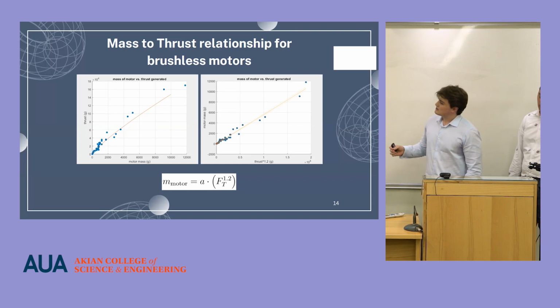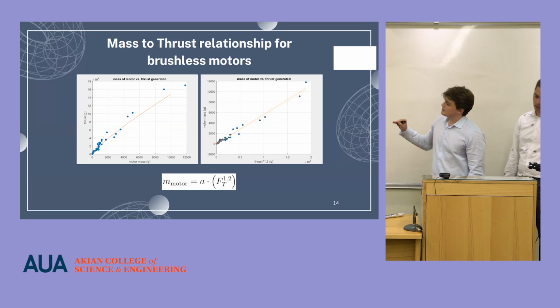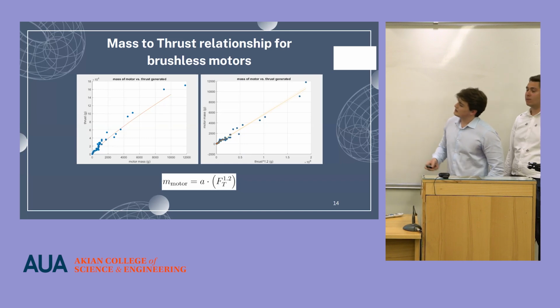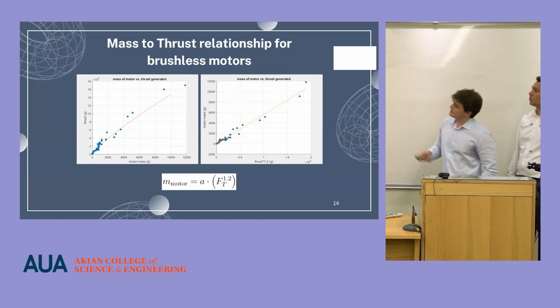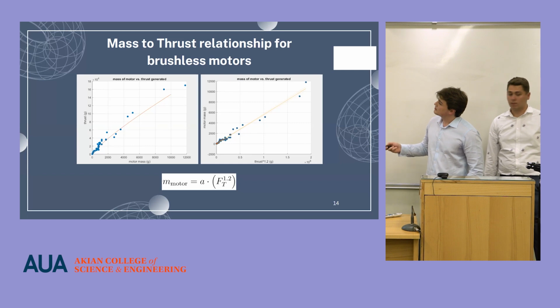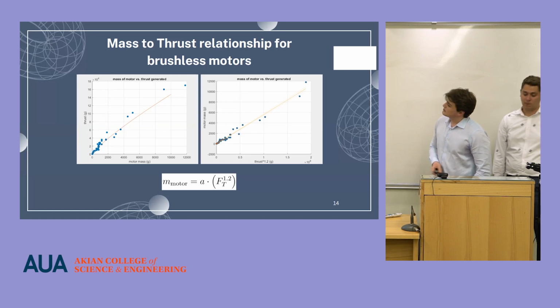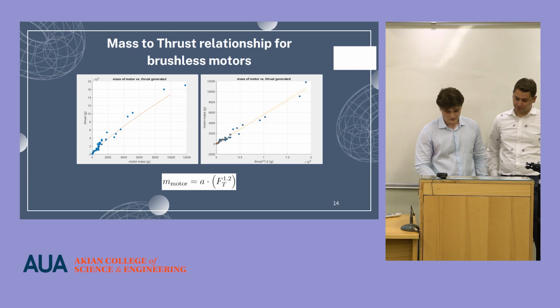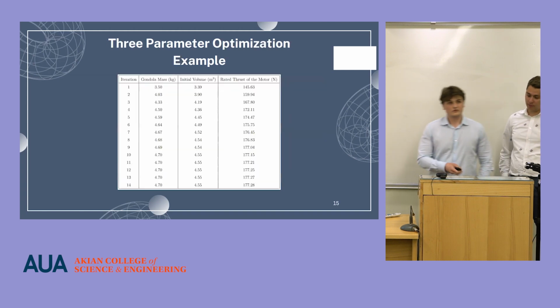As you can see, it's not perfectly linear. We decided to linearize this data by using a substitution, after which we got a linear regression model and got the slope, which is A in this equation.